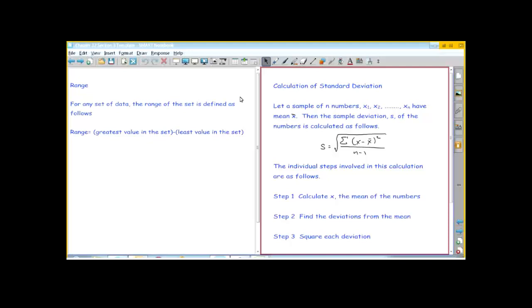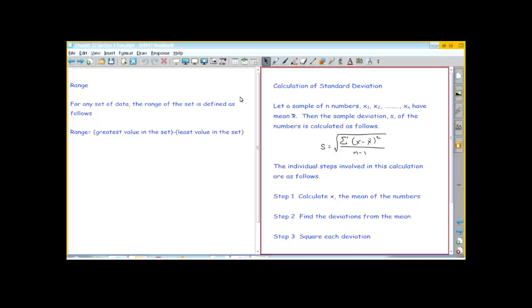So what you do is you take the individual data values and you subtract the mean. So you'll get one difference number for each data point. The ones that are above the mean will be positive numbers, and the ones that are less than the mean will be negative numbers. You square those numbers. So we square the differences, the deviations basically, and then you add all those squared numbers together.